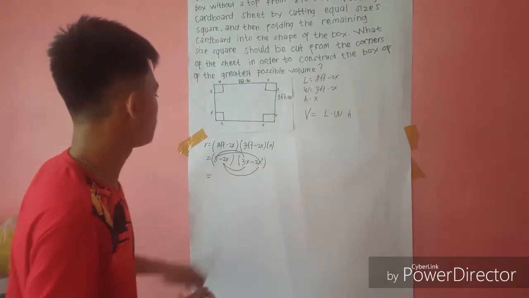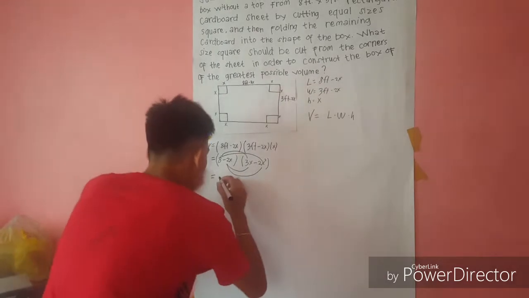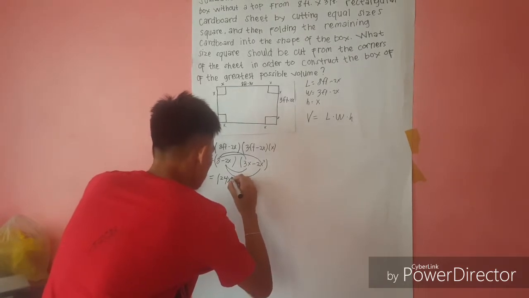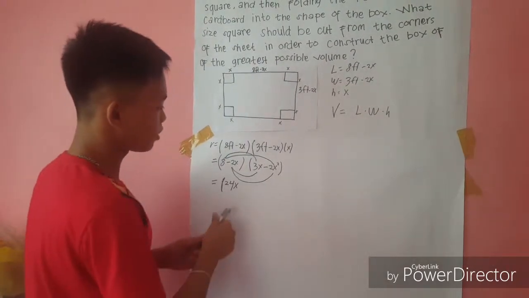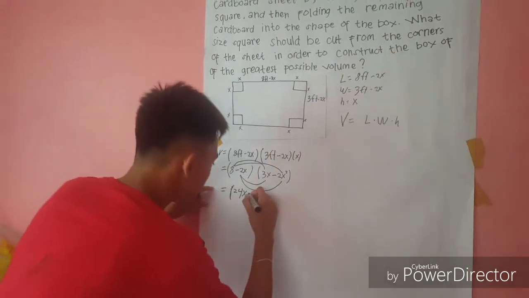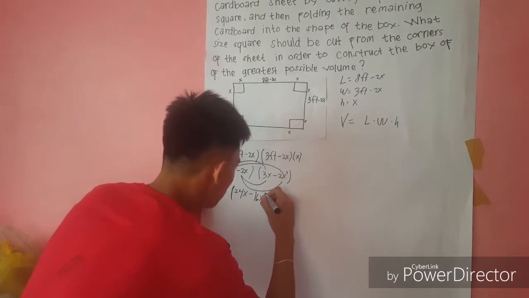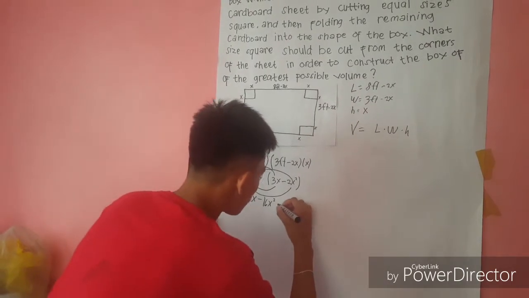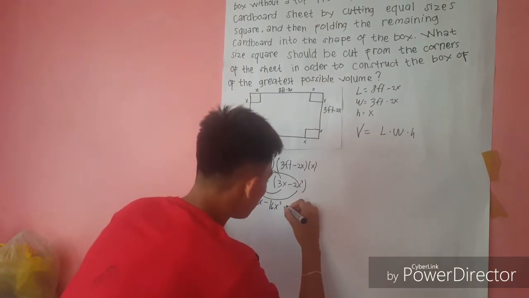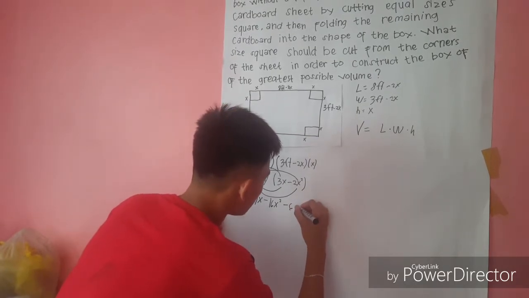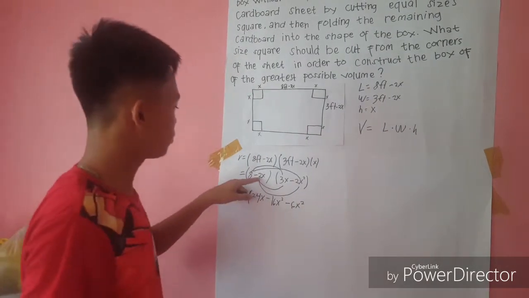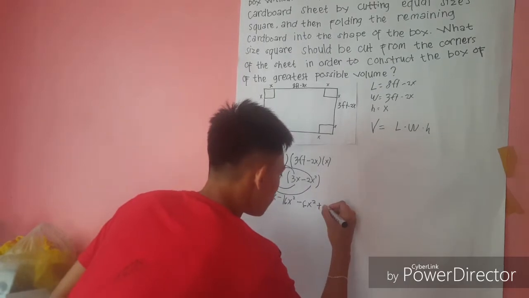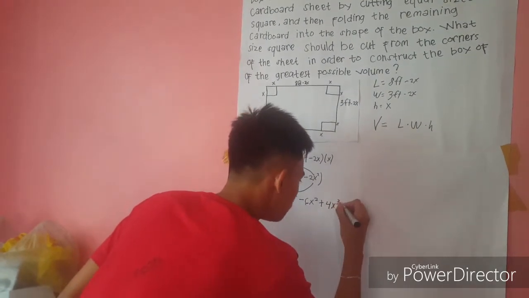So 8 times 3x is equal to 24x, and 8 times negative 2x squared here is negative 16x squared, and negative 2x times 3x is negative 6x squared, and negative 2x times negative 2x squared is positive 4x cubed.